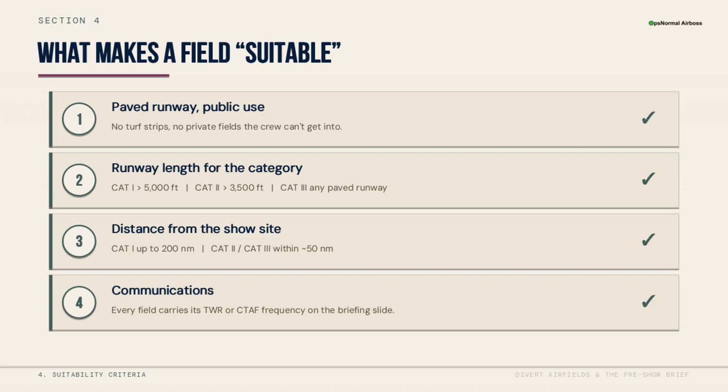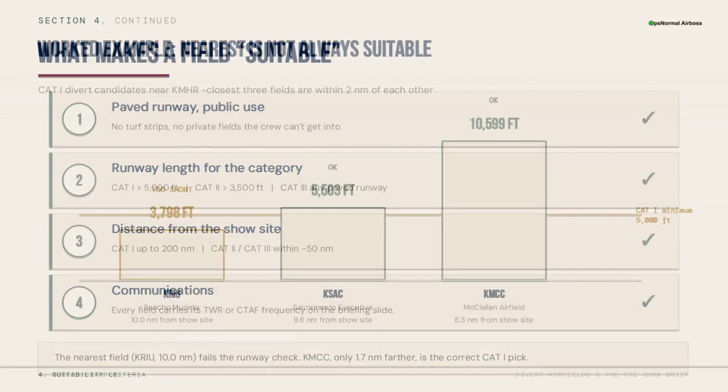Third, the distance has to make sense for that category, up to 200 nautical miles for Category 1, and closer to 50 for the slower categories. And fourth, the field needs a way to talk to it, so every entry carries its tower or common traffic advisory frequency. Miss any one of these 4, and the field doesn't go on the slide.